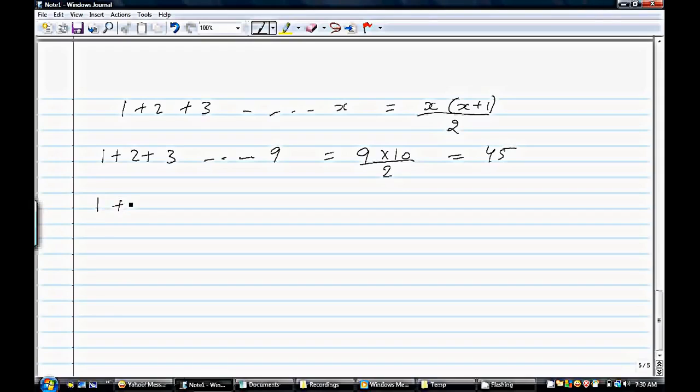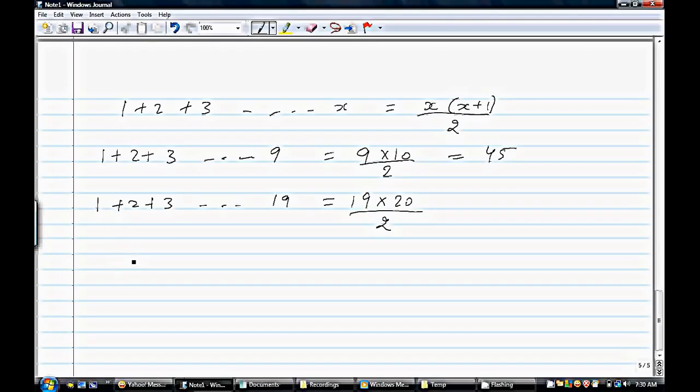Similarly, 1 plus 2 plus 3 up to 19. So all I have to do is 19 into 20 divided by 2. Now suppose the number doesn't start from 1 but starts from something else.